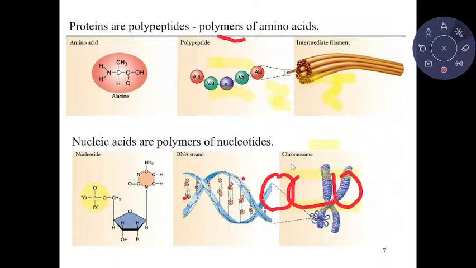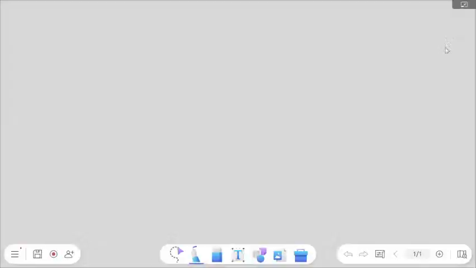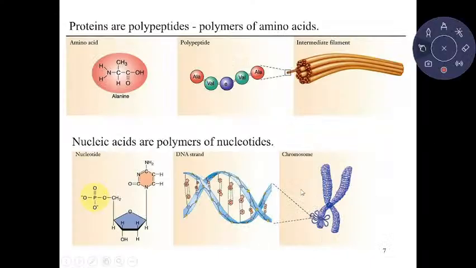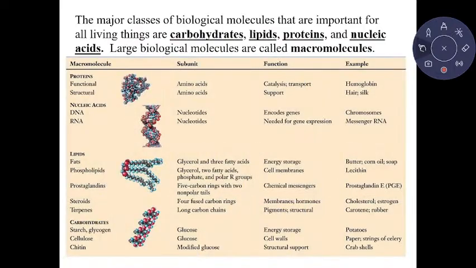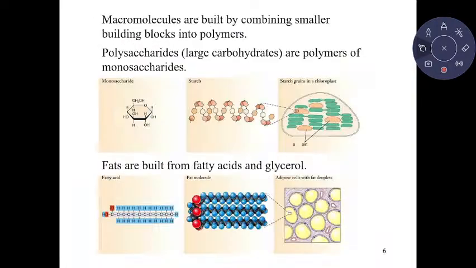These are grouped in chromosome. This DNA strand is grouped in chromosome. So what I am explaining here means macromolecules, which we have explained in these two slides, are built up by combining smaller building blocks.